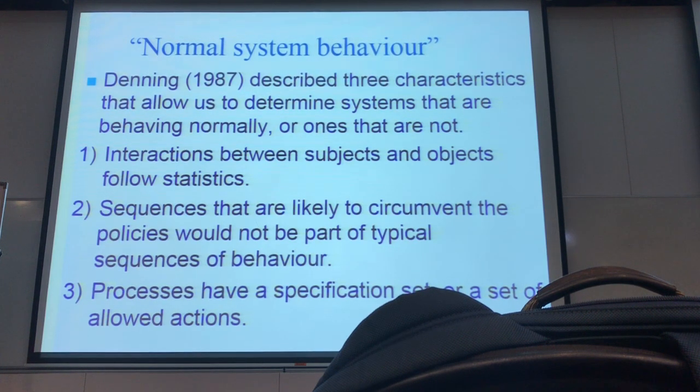And the second one is that sequences that are likely to circumvent the policies would not be part of a typical sequence of behavior. So what does it mean? It means a normal user will not try to perform some illegal action. If the user is honest, they will not try to perform some illegal action. For example, they will not try to access some file they are not supposed to open.